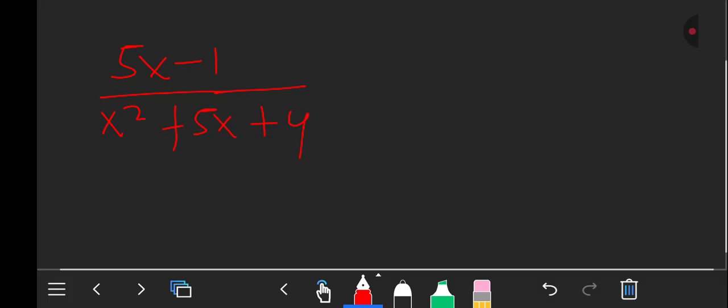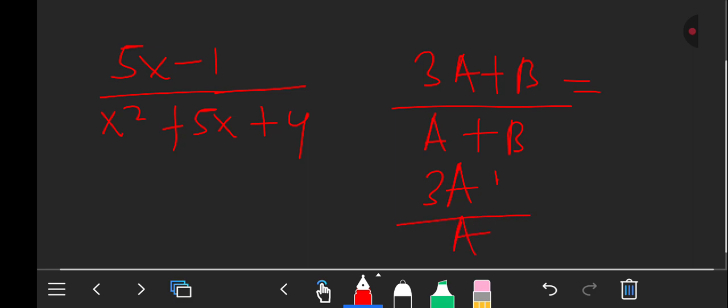So the general idea about partial fractions is that when you've been given, let's say, 3a plus b over a plus b, they want you to make it in a form maybe 3a over a, maybe let me put 2 there, plus b over 2b.